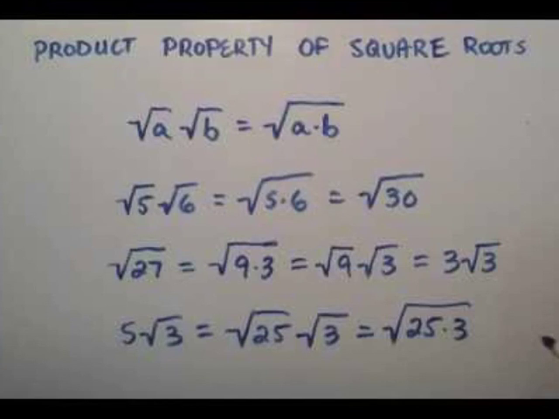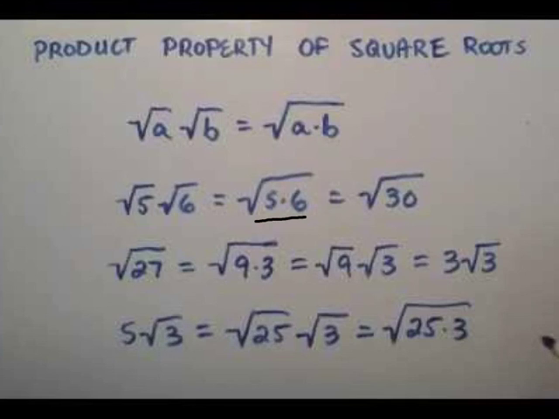Well, here we have the square root of a times the square root of b equals the square root of a times b. Here we have the square root of 5 times the square root of 6, we could put it under this square root sign together, and when we multiply 5 times 6, we've got the square root of 30.